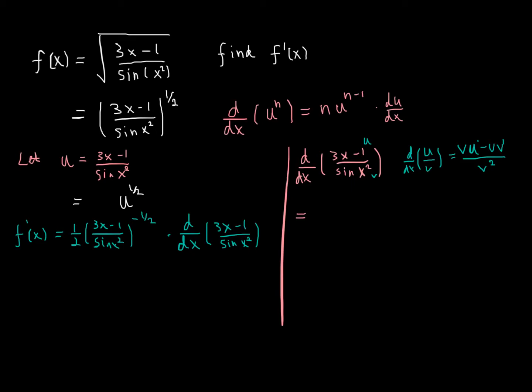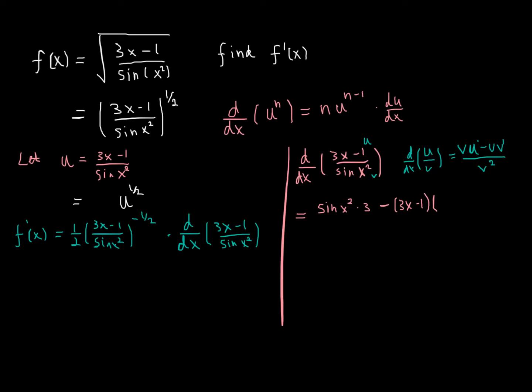So I need v, which is sine of x squared, times u prime. Now I can take the derivative of this in my head pretty easily. Derivative will be 3 minus u, which is 3x minus 1, times the derivative of sine of x squared.